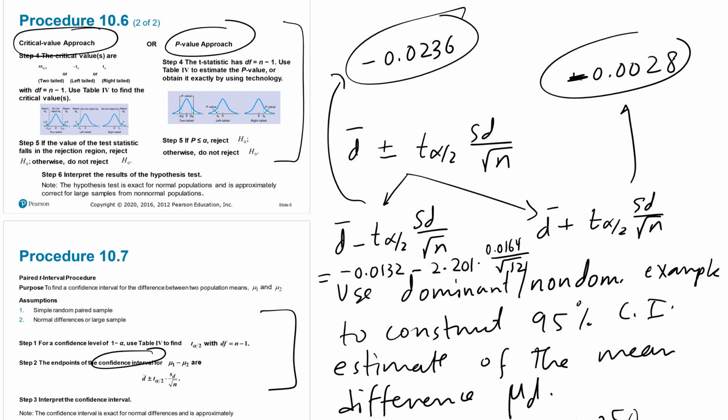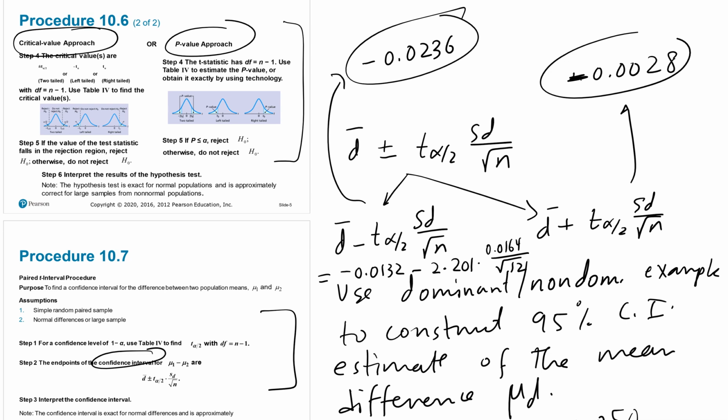If we reject it, then there is sufficient evidence to support the claim, which is H1 or HA, the alternative hypothesis. Or in the p-value approach, if the p-value is less than or equal to alpha, then we reject the null hypothesis. Otherwise, we don't reject it.